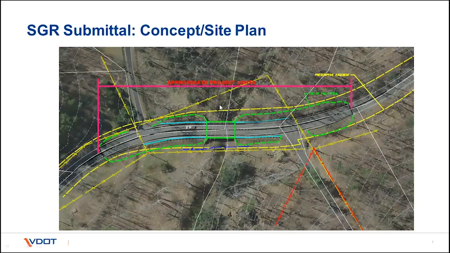If this was in an urban area, you'd have some houses and more right-of-way limits, and you'd be able to get a much better idea of any impacts on residential or commercial properties. Also, the GIS pulled in the utility information from the GIS mapping, and if you completed a site visit and noticed some additional utilities, it would be good to indicate that information as well.